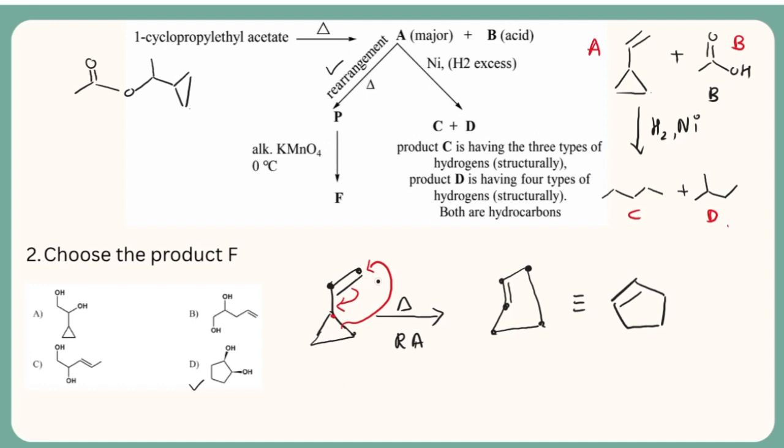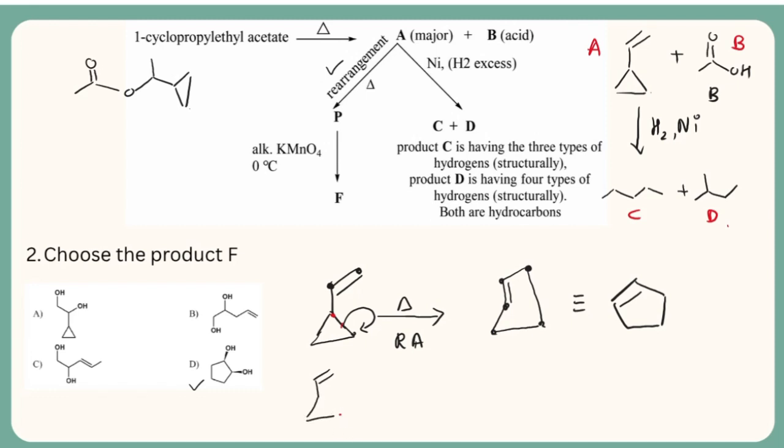If you're not comfortable writing the structure of the product in one step, I'm going to give you one more trick here. How can you write it? You can polarize the bonds. What do you mean by polarizing the bond? Let's assume you have this carbon-carbon bond. Break it open, because there is breaking and making of bonds.